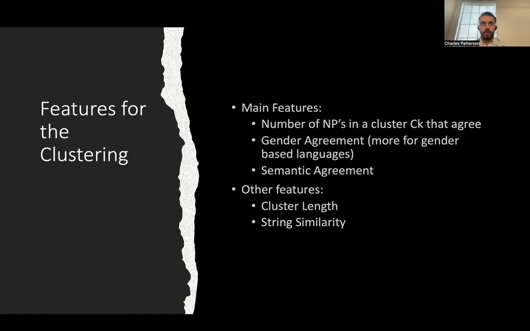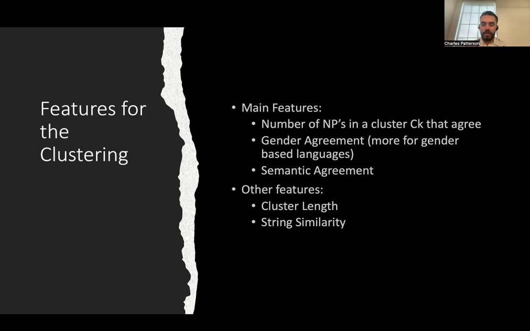English doesn't really have this, but if you're looking at German or Spanish or Italian, you might look at gender agreement for those different clusters. And then you're also going to look at, once again, semantic agreement. So again, we're going to see, okay, my dad, he, that seems to link pretty well. Our family and he, that doesn't really seem to link well. And so that can factor in.